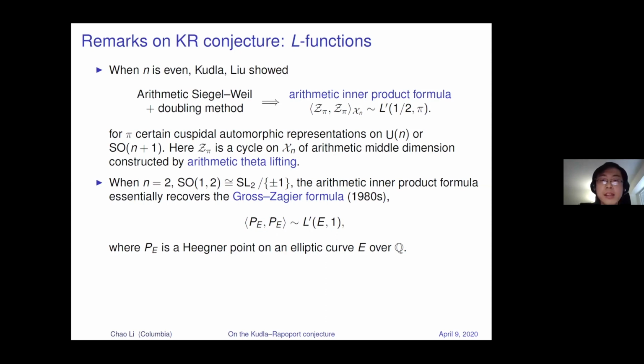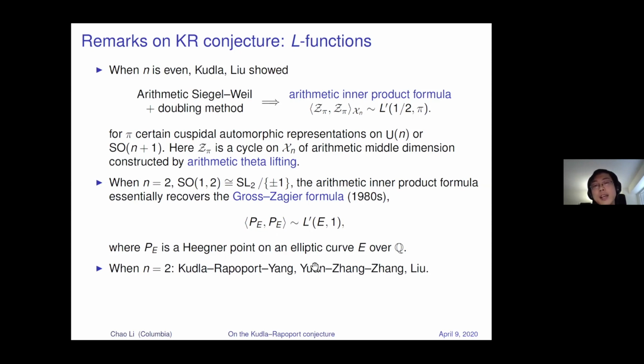Okay, and this Gross-Keating formula, viewed as an arithmetic inner product formula, is proved by Kudla-Rapoport and Yang in certain special cases, and completed in complete generality by Yuan and Zhang in the orthogonal case, and in the unitary case by Yifeng Liu.